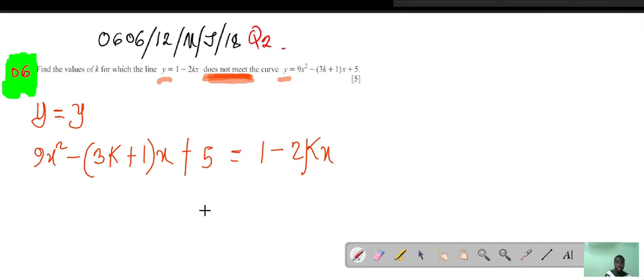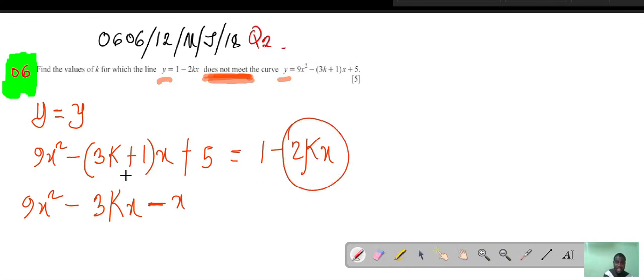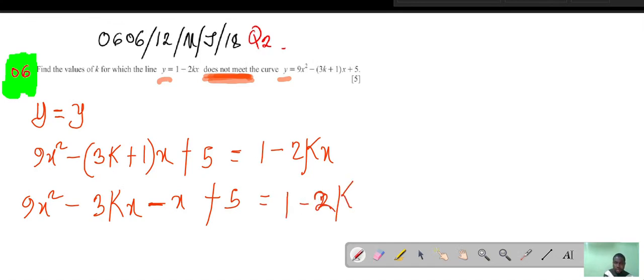I have no choice than to open up the left side: 9x squared minus 3kx minus x. I have to open it up because there's still another x here that needs to join it. Negative 3kx, negative x plus 5 equals 1 minus 2kx. Such a smart way to see if you actually understand the concepts.